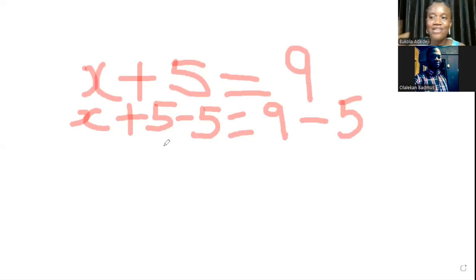Plus 5 minus 5 means that you have 5 naira, and then you are owing someone 5 naira, or from whatever country you're viewing this from, in your currency, you are owing someone $5, 5 pounds, 5 naira, and then you have 5 naira or $5 or 5 pounds, right?